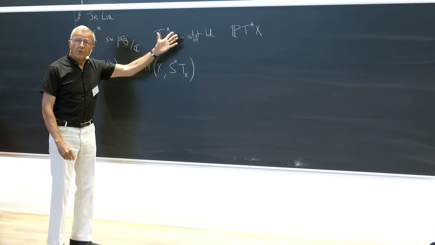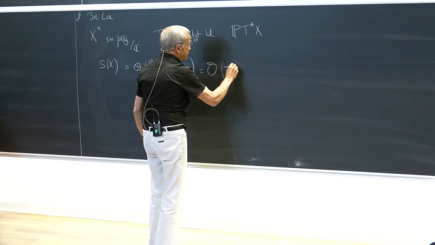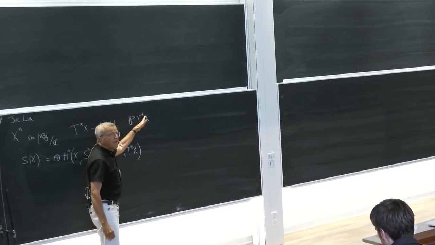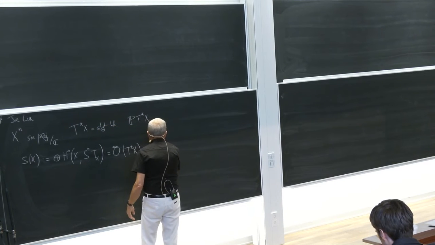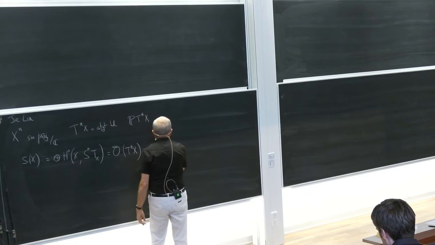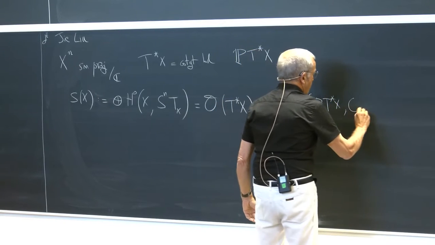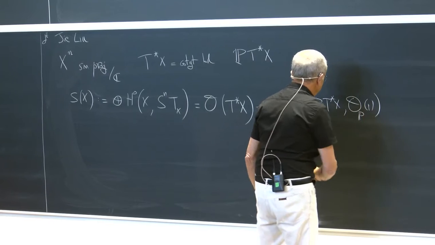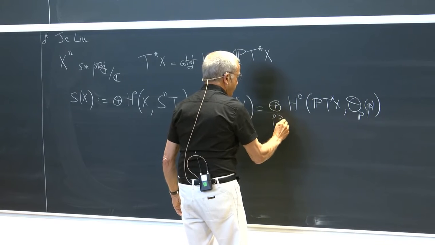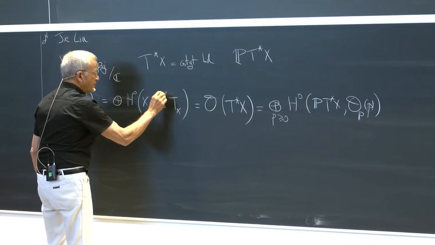And this is also the ring of regular functions on T star X. And you can also see it in this way as the graded ring associated to the tautological bundle on this. So this is the sum of H naught of P T star X, O P of 1. I'm sorry, of P. And now I should say that this is for P. Here also, maybe I should put P.